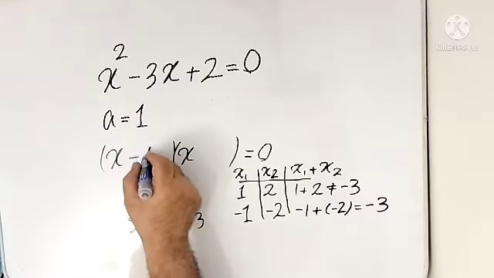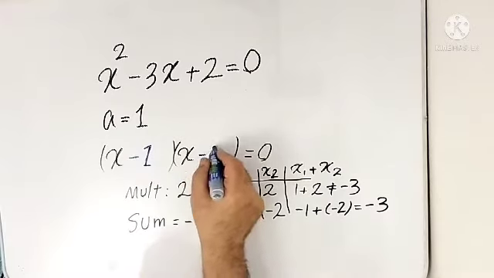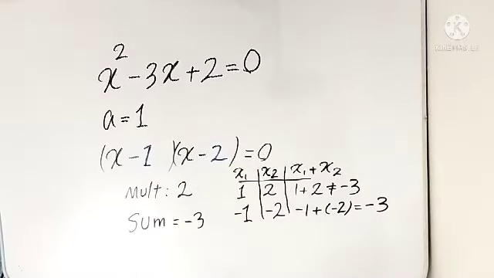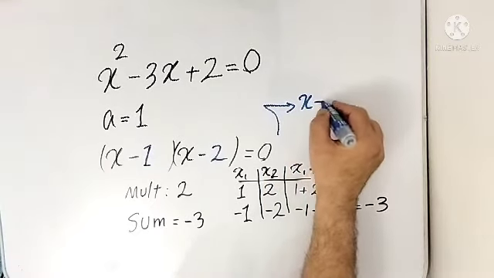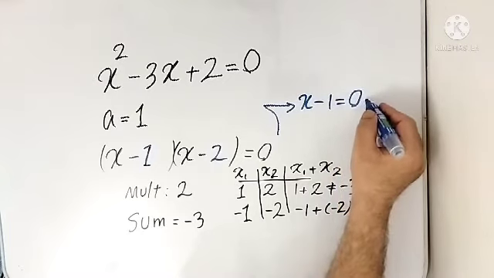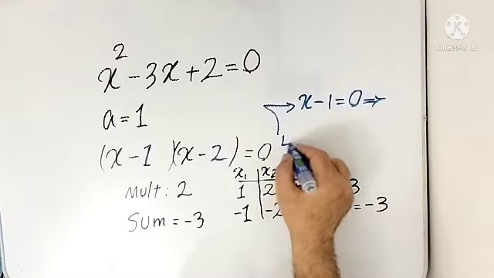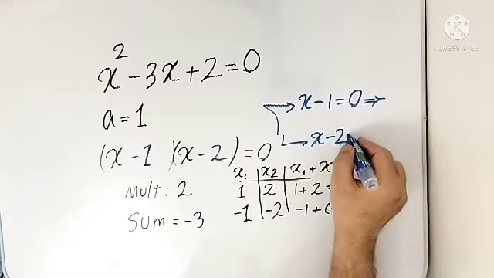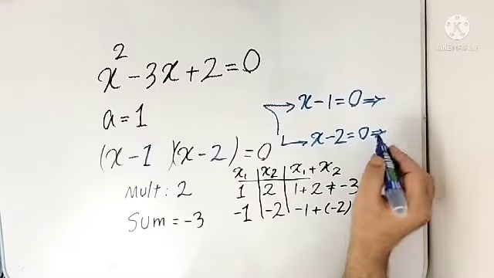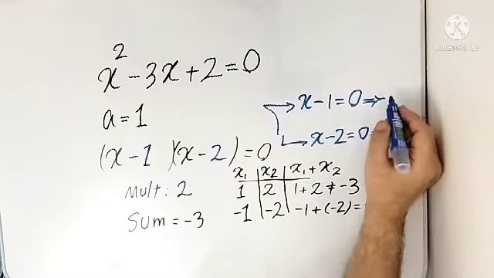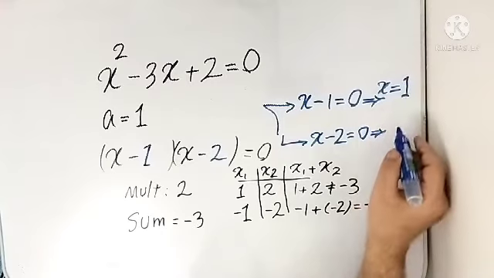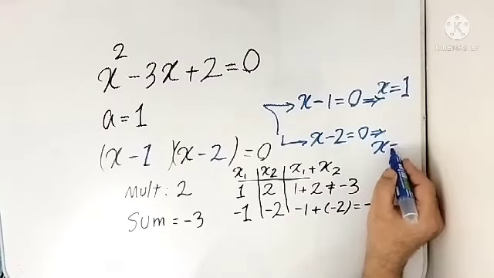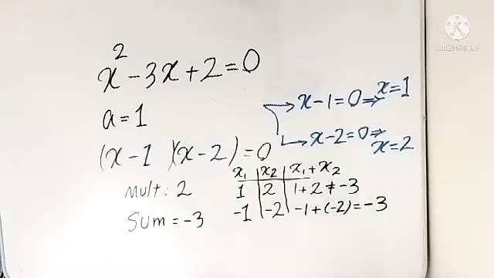Put these numbers in these parentheses and set each of these parentheses equal to 0. From the first equation, the result is x equals 1, and from the second equation, the result is x equals 2.